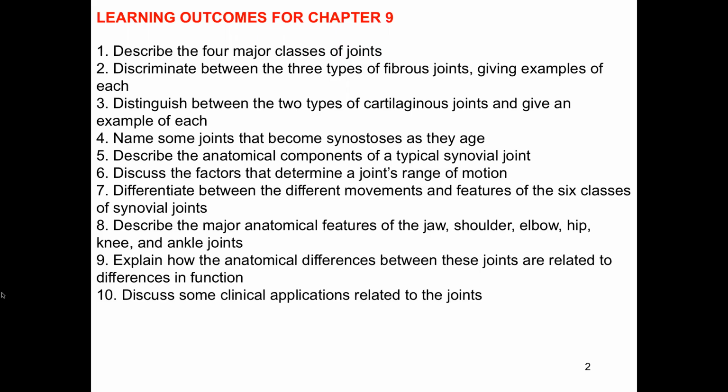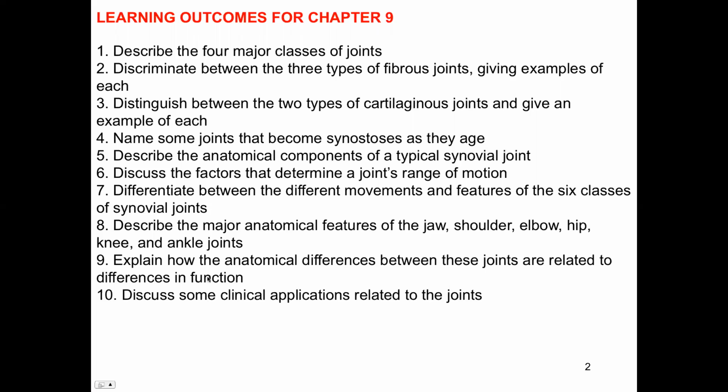For me, number 8, describe the major anatomical features of the jaw, shoulder, elbow, hip, knee, and ankle joints. It's kind of hard for you as a student to know what the major features are. So I'll try to point out a few things, and I will harp on again, focus on the study guide because I make that guide while I'm making the test, okay?